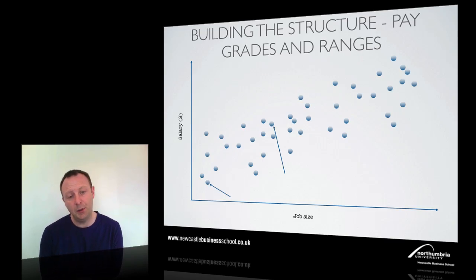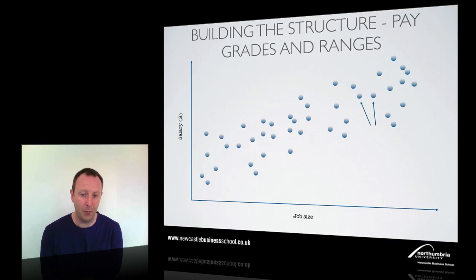And so it would probably be quite obvious that these jobs are not going to be kept together within the pay structure. On the other hand, we may look at these jobs and think: very similar in job size and almost identical in salary level. Should they be together or should they be separate? And there's no straightforward answer to knowing where the cut-off point should be.